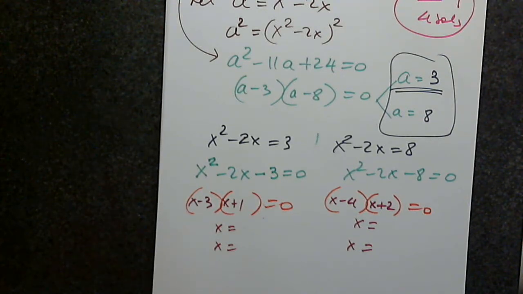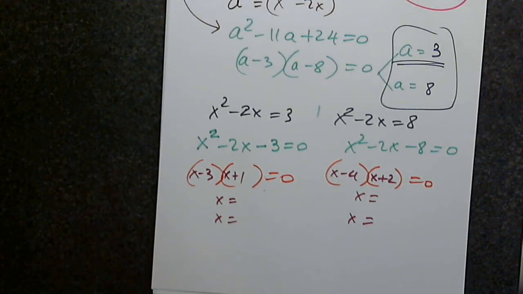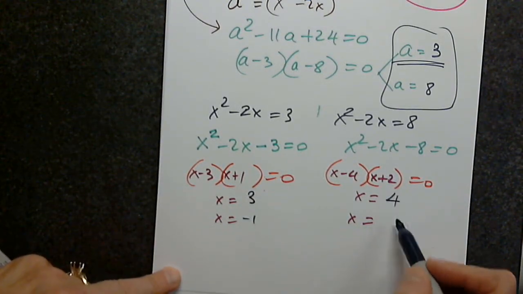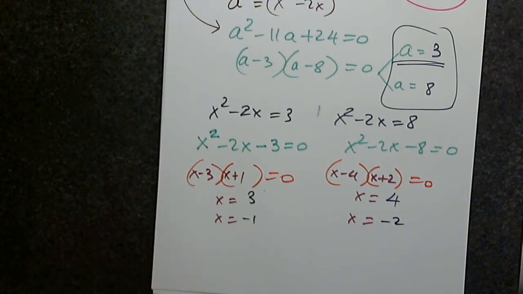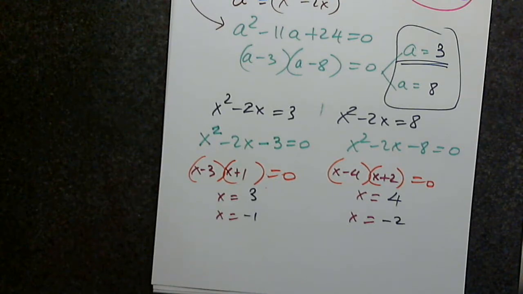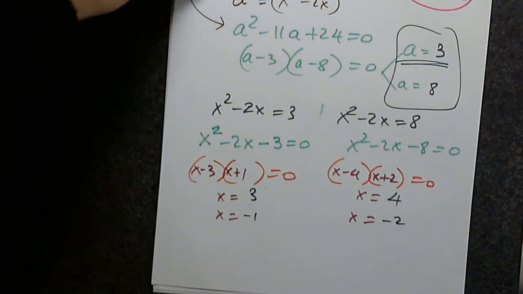And we get? X equals 3 and x equals negative 1. Awesome. X equals 4 and x equals negative 2. How many solutions did we expect? 4. Okay, last type. And we can practice some more next time if we need to.